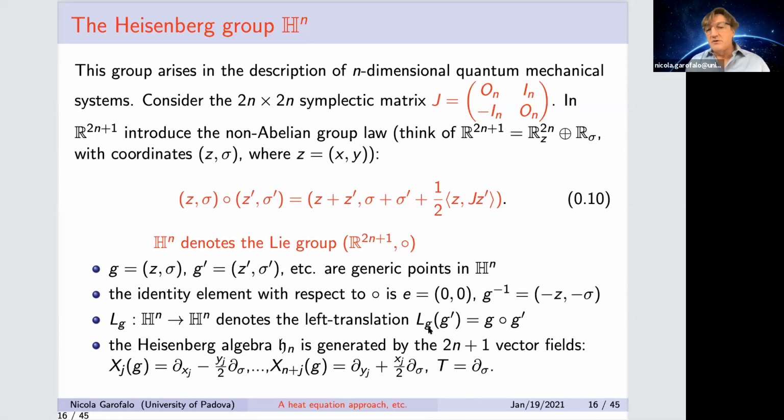If you compute the differential of this L_g and apply it to the elements of the standard basis of R^(2n+1), you end up with these 2n+1 vector fields. By definition, these vector fields generate the whole algebra of left invariant vector fields, which are invariant with respect to this left translation. And they are written here.